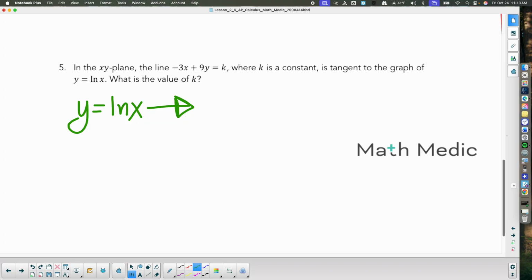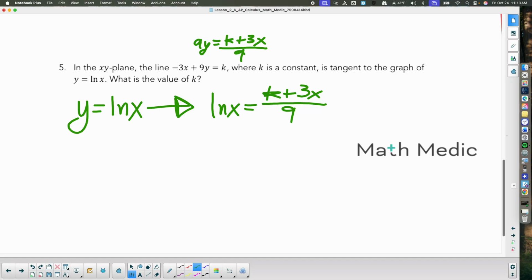Now that would require me to solve it for y. So if I rearrange this, divide by 9, I'm going to set ln of x equal to that. And that would find me the x value where they would be the same.